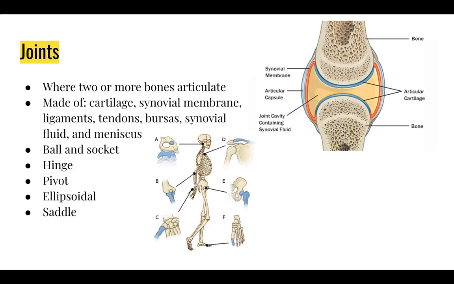And joints are usually made up of cartilage or synovial membrane. This reduces friction in the joints, especially since you're moving around a lot and you don't want a lot of friction because it could damage the bone or the joints. They also include ligaments and tendons, which connect bones and muscles so that your bones aren't just falling out of your joints, so there's less damage.